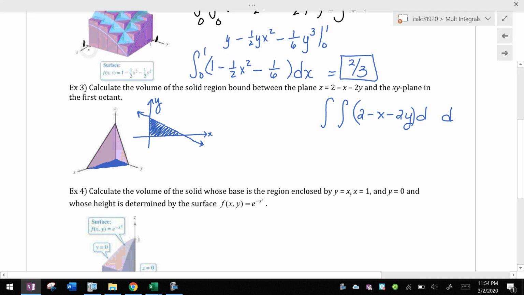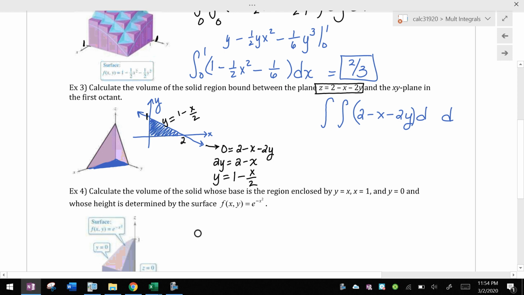If I'm on the xy plane, that means z equals 0. So this line right here comes from 0 equals 2 minus x minus 2y, which is 2y equals 2 minus x, which is y equals 1 minus x over 2. And if that's 1 minus x over 2, this goes from 1 to 2.